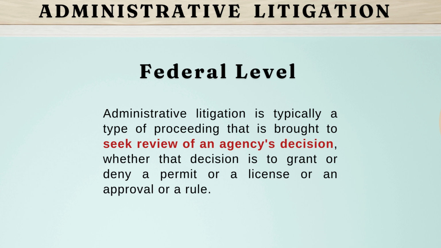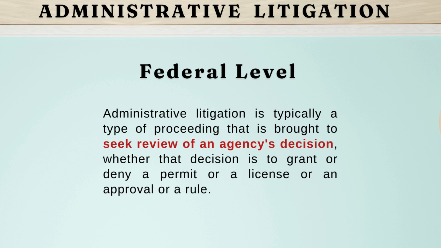And in that video, I talked briefly about the role of the administrative law judge and his or her role in determining whether the applicant's application should be approved or denied. The administrative law judge has a duty to weigh the evidence before making the decision. So let's get started. And we're talking about litigation on the federal level.